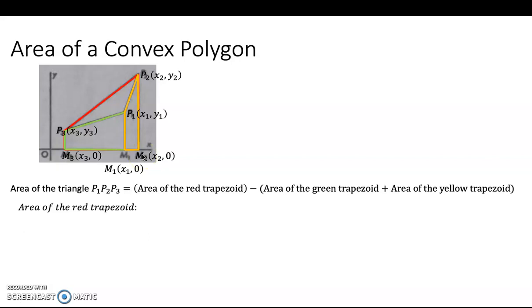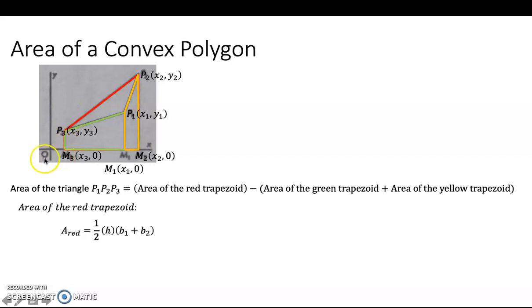What is the area of a trapezoid? The area of a trapezoid is simply 1/2 times the height times the sum of the two bases. So for the red one, the height would be simply the segment having endpoints M3, M2. The bases would be the segments M3, P3 and M2, P2.